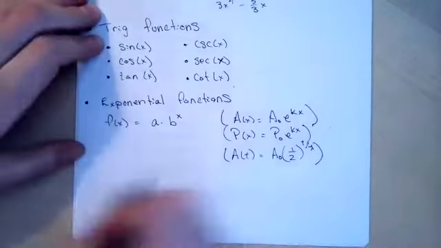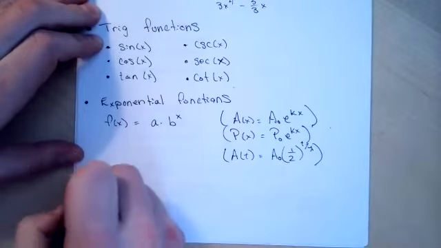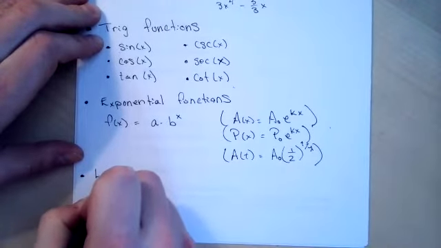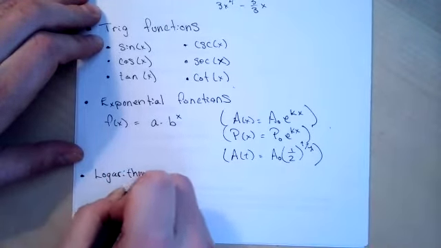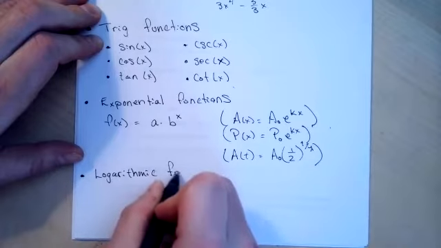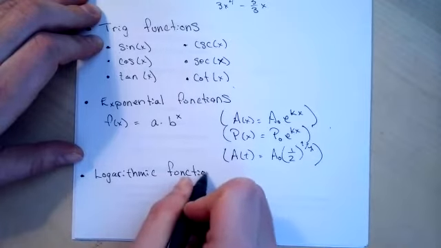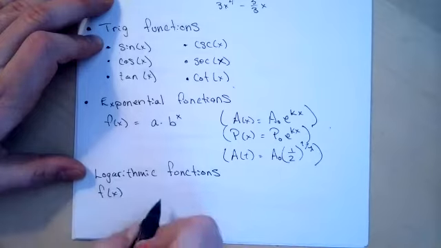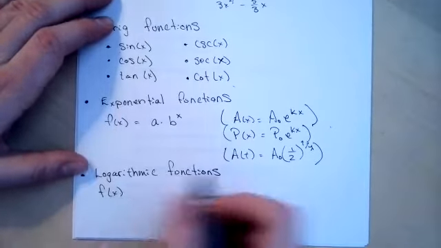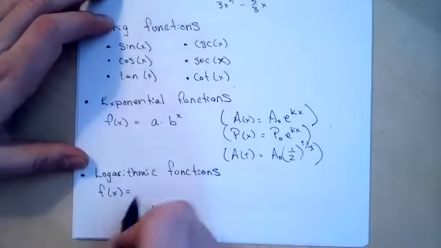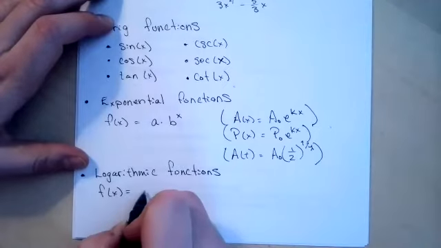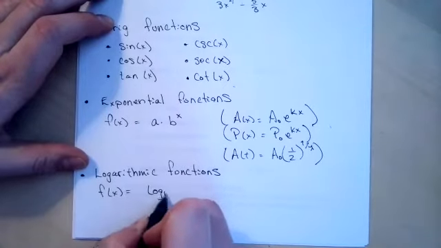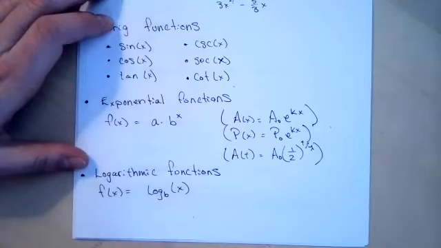The inverse of exponential functions are going to be our logarithmic functions. So this is going to be f of x is equal to log base b of x.